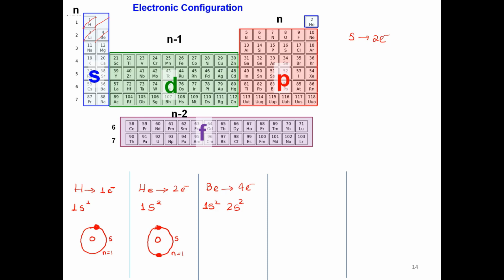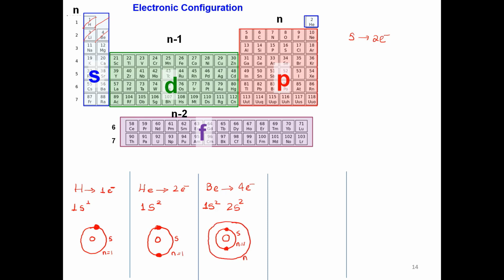How can we represent this? Now we need to write this one smaller. This corresponds to n equals 1, 1s2. Because S holds up to 2 electrons, we cannot put more electrons in this shell. Now we need to move to the next.